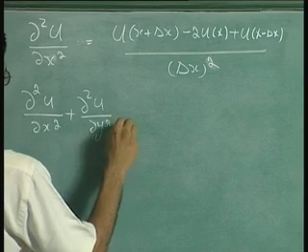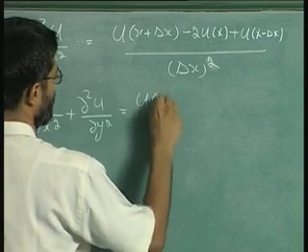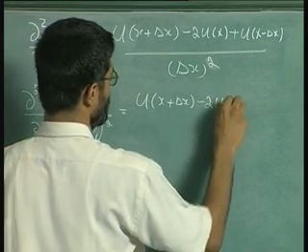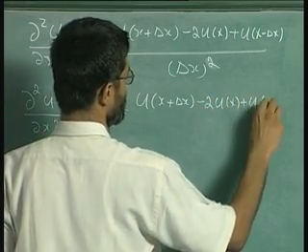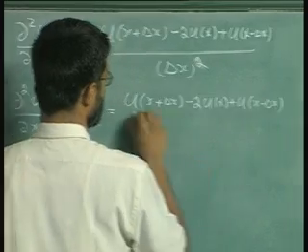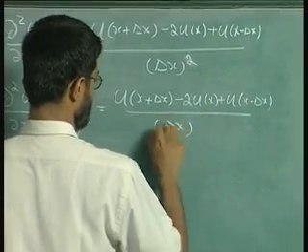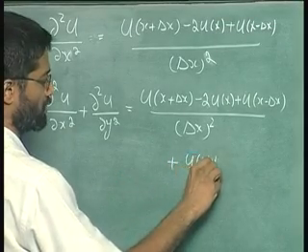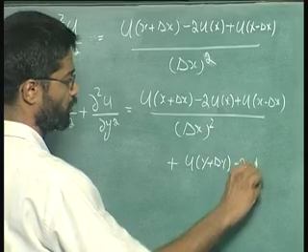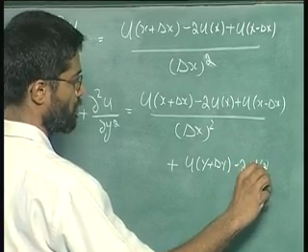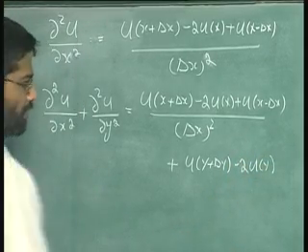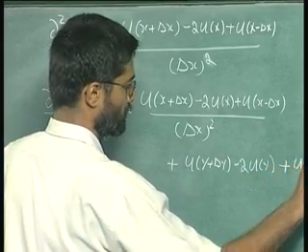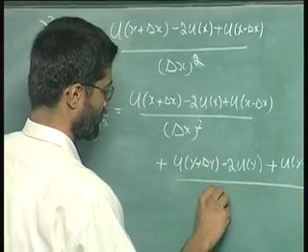will now become u(x plus delta x) minus 2u(x) plus u(x minus delta x), divided by delta x squared, plus u(y plus delta y) minus 2u(y) plus u(y minus delta y), divided by delta y squared.